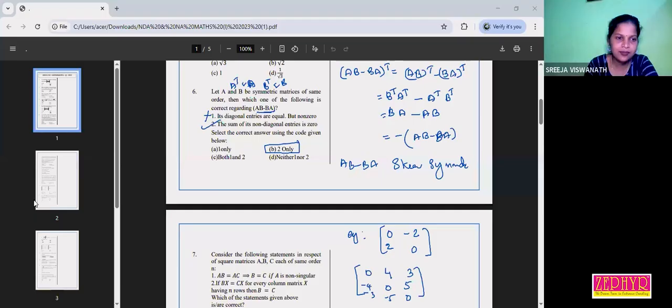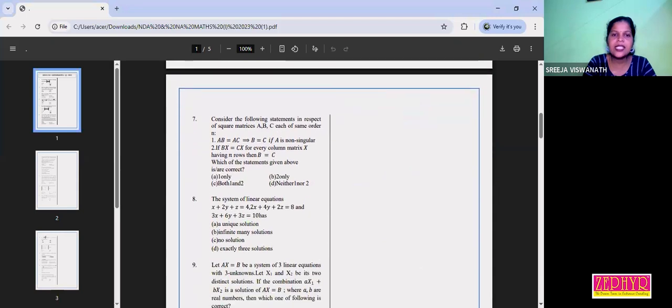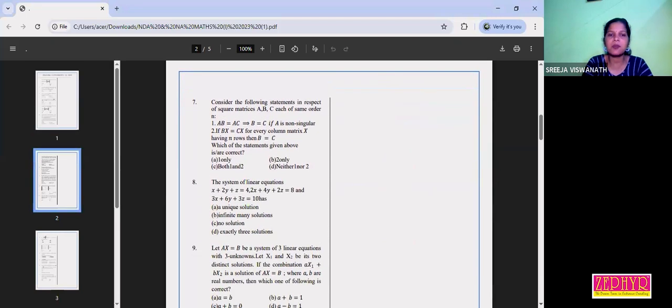Next question. Question number 7. Consider the following statements in respect of square matrices A, B, and C, each of the same order n. First statement: AB equal to AC implies B equal to C if A is non-singular.